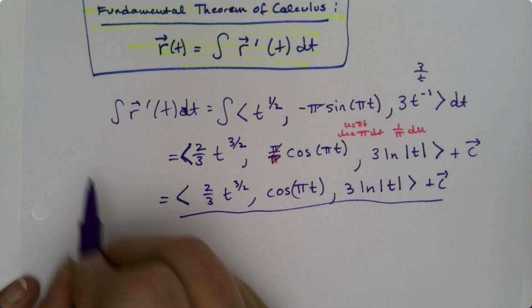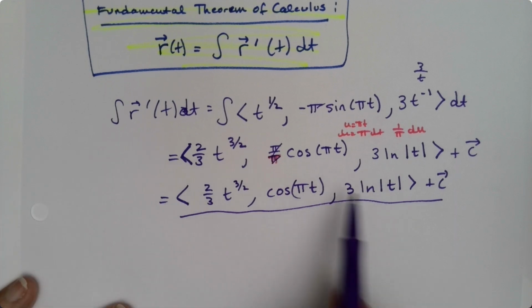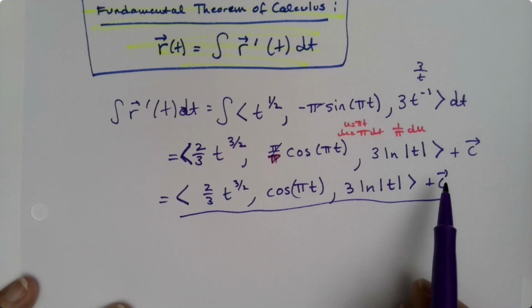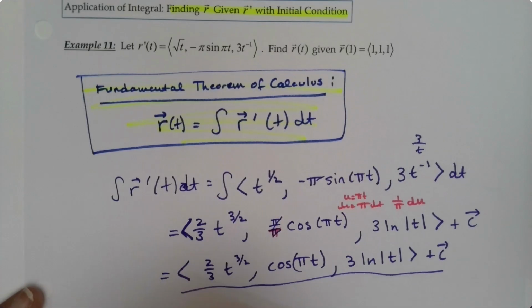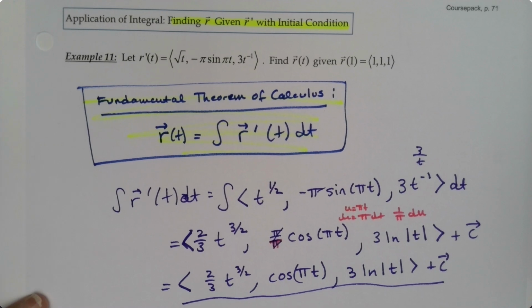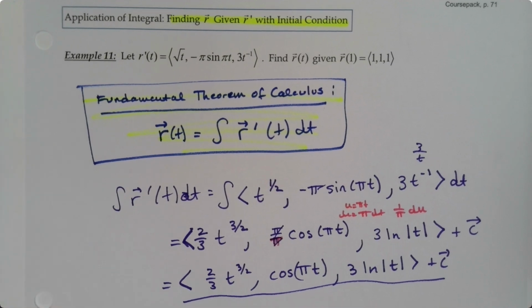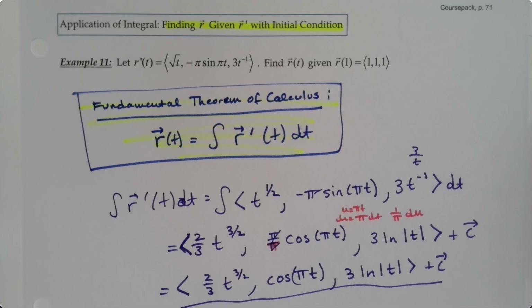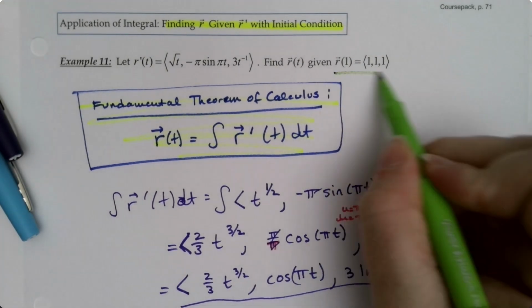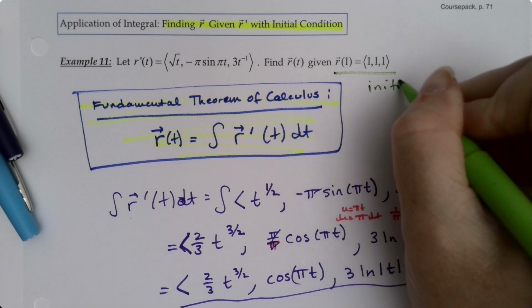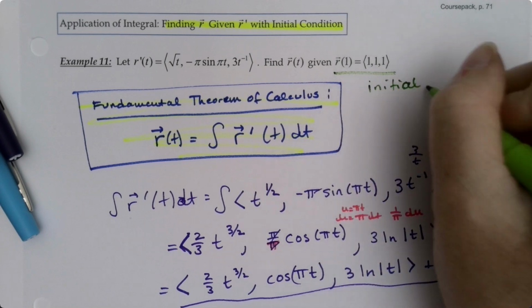So r of t is related to this, but there's a constant over here. All right, so we have to use the initial value that they gave us. They gave us that r of 1 is equal to 1, 1, 1. This is called an initial condition.